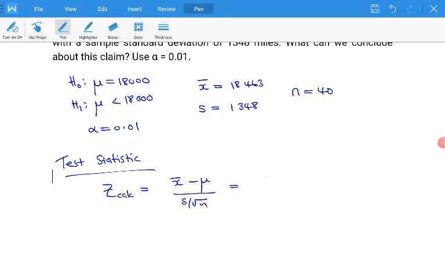So this is equals to 18,463 minus 18,000 over 1,348 over root 40. This gives 2.17.